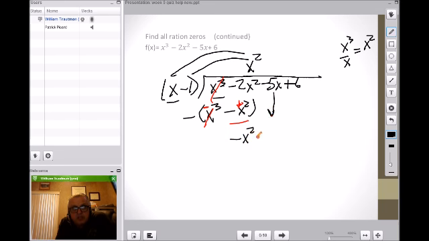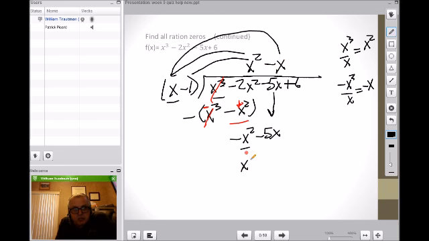Bring down the minus 5x. How many times does x go into negative x squared? Negative x squared divided by x equals a negative x. 1x gets canceled. So I put minus x up here. Negative x times x is negative x squared.